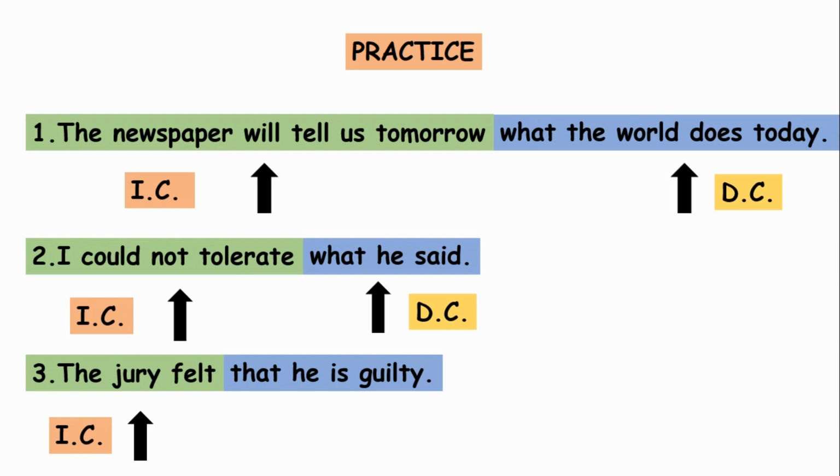Read together. The jury felt that he is guilty. The jury felt can be used as a simple sentence, whereas that he is guilty can't stand on its own. It depends on the independent clause to complete its meaning. So that he is guilty is a dependent clause.